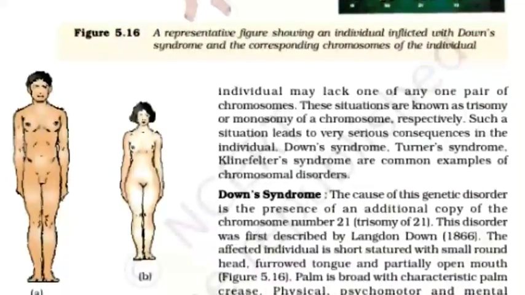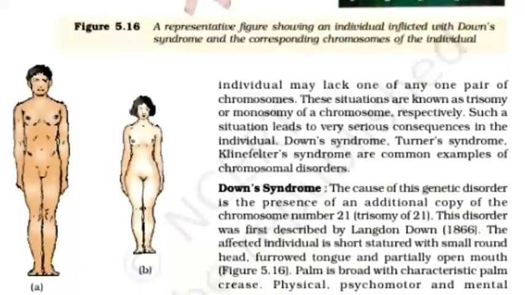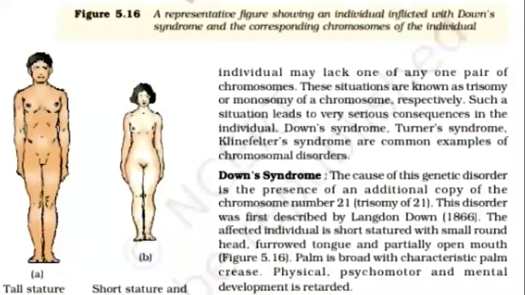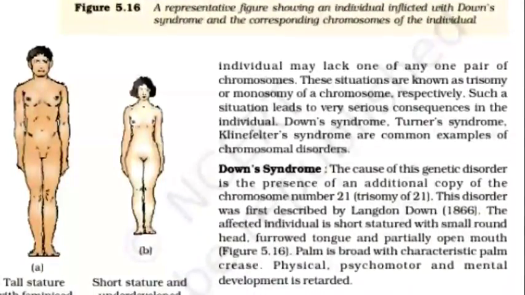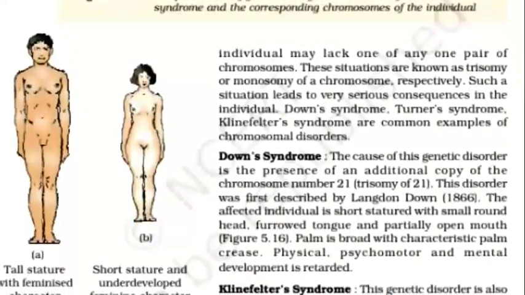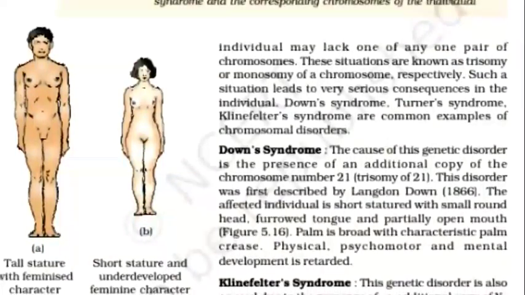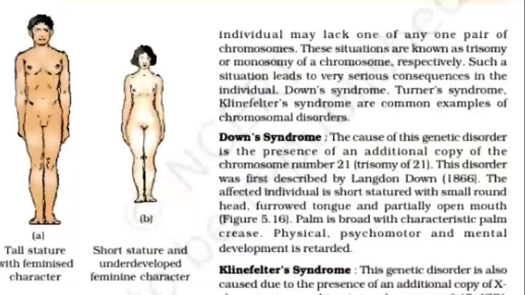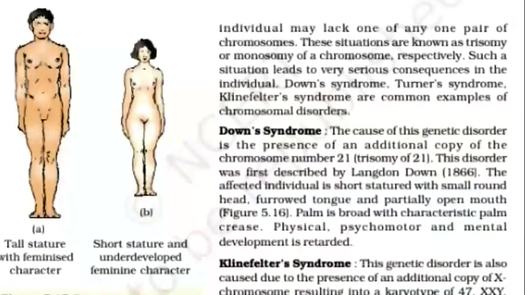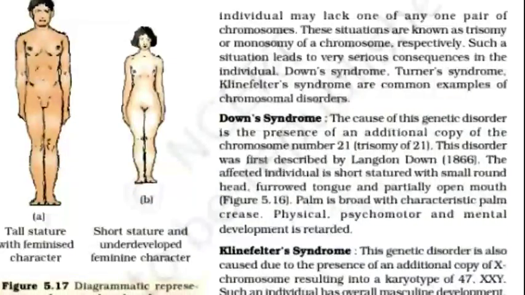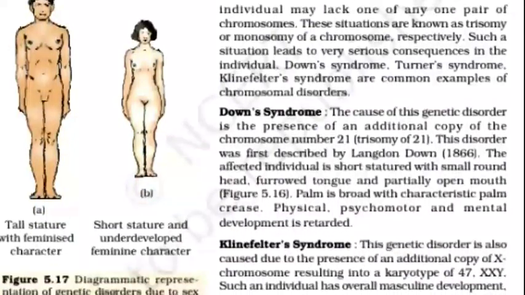The affected individual is of short stature with a small round head, furrowed tongue and partially opened mouth. The palm is broad with a characteristic palm crease. Physical, psychomotor and mental development is retarded.